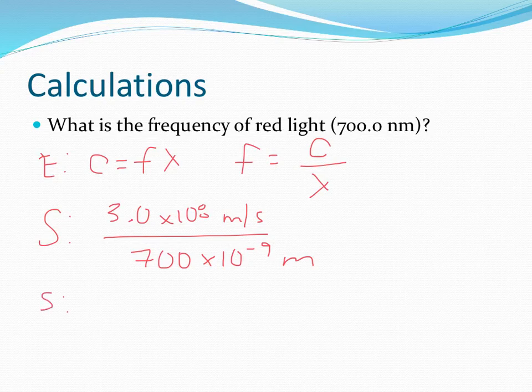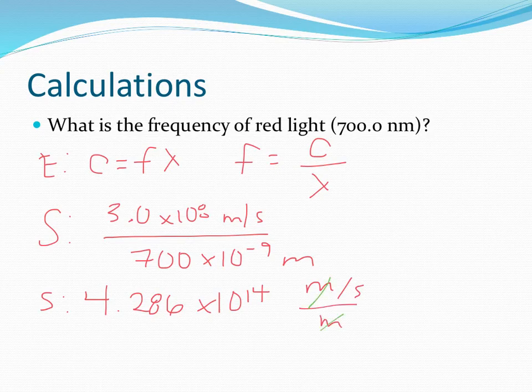If you plug that into a calculator, you get 0.286 times 10 to the 14th meters per second over meters.